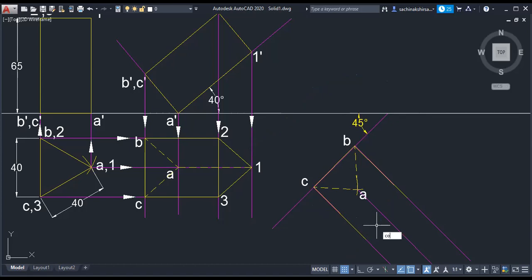So here there will be point 2. And here there will be point 3. Okay, one more point I have to locate, point number 1. What is the length A to 1? You can take it in the compass, not necessary to measure.